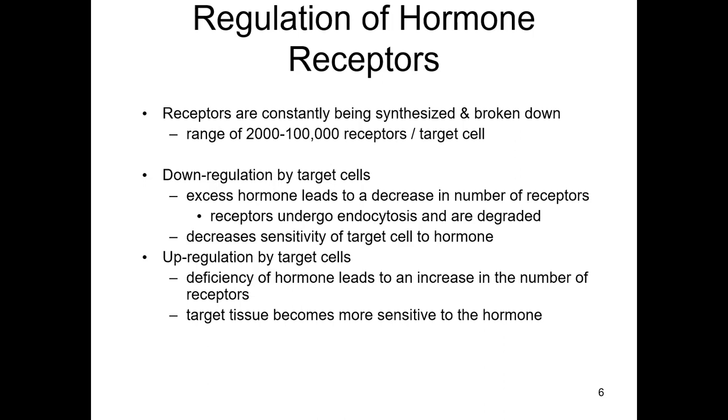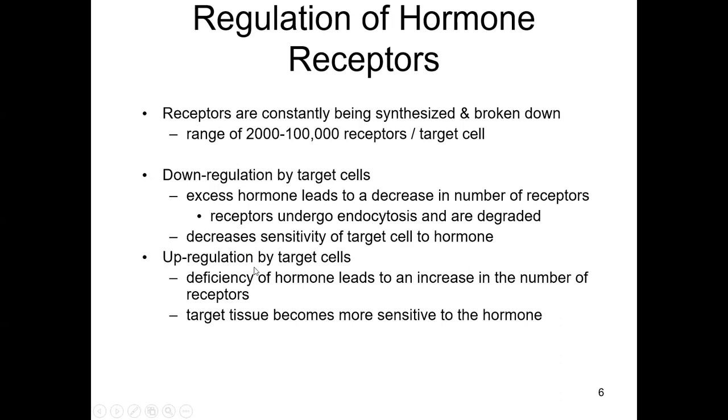But this is a little known fact that cells can make more or make fewer receptors. So on the target cells, the cells can decide to remove a large number of the receptors. This is called downregulation. And in some cases, target cells can decide to increase the number of receptors.